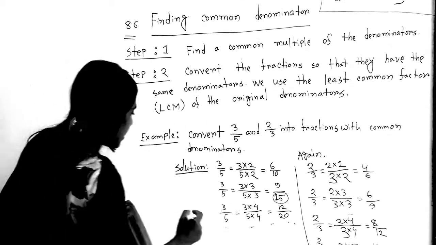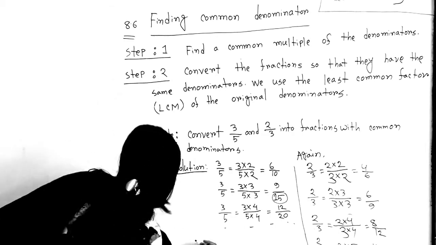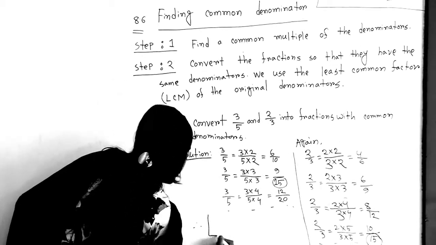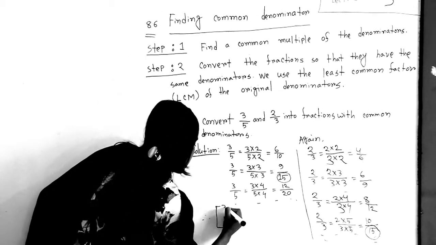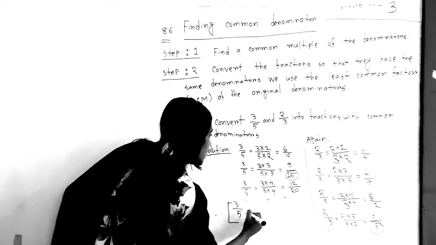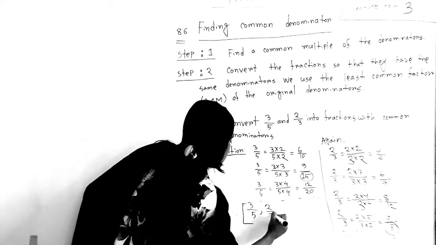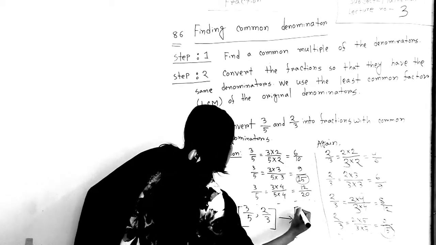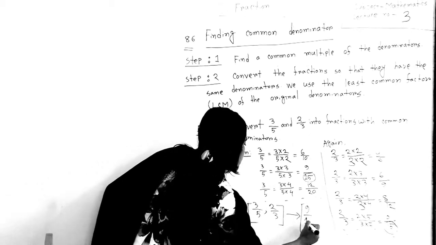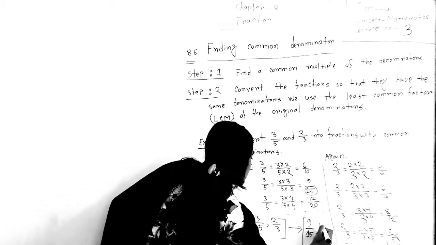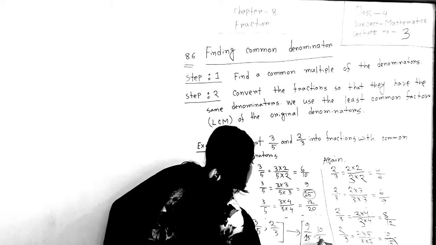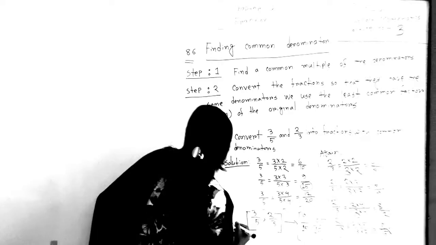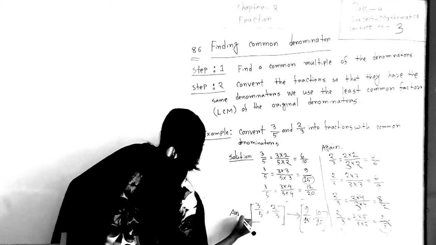So, this convert result is 3 divided by 5, 2 divided by 3 is 9 divided by 15, 10 divided by 15. And this is the result.